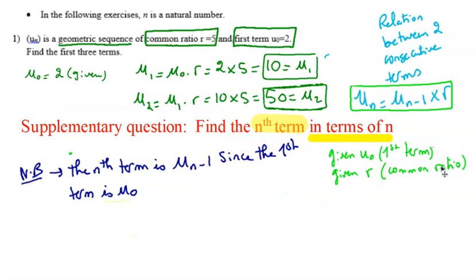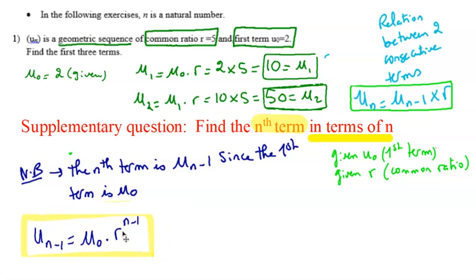So from the given first term u0 and the common ratio r, we need to find the nth term. I need to use the relation between the nth term and the first term, which is given by the formula un minus 1 is equal to the first term times the common ratio to the exponent n minus 1. For example, uk is equal to u0 times r to the exponent k.